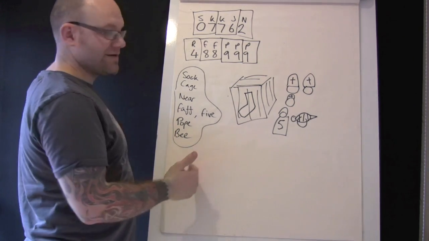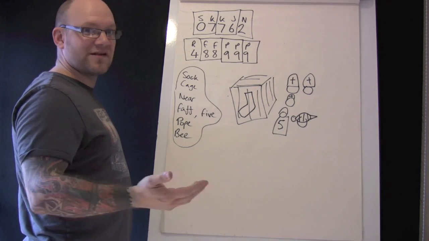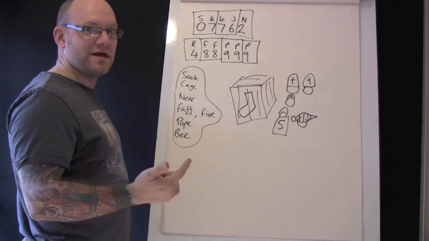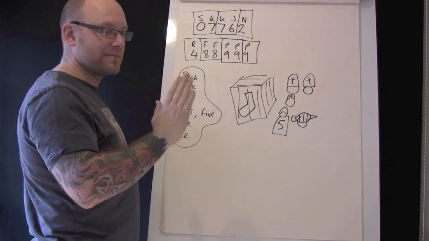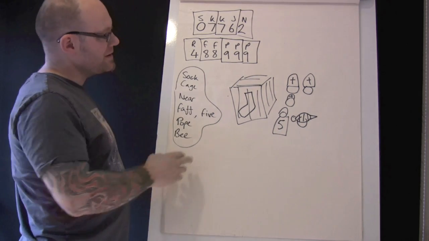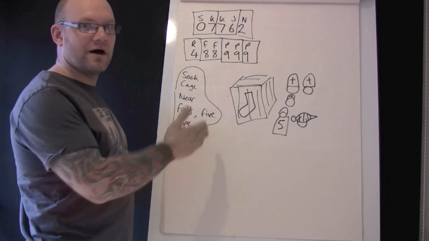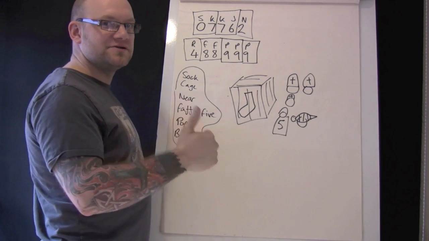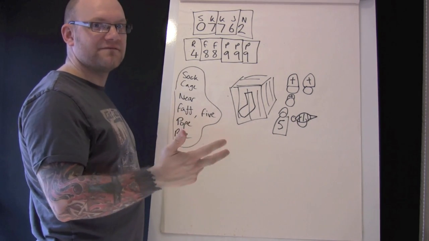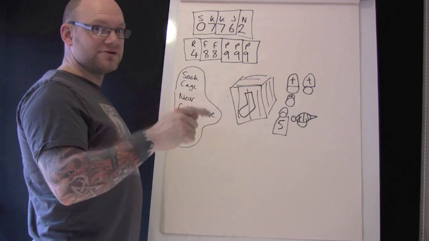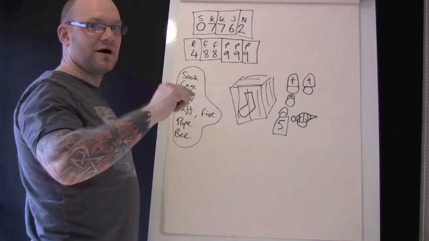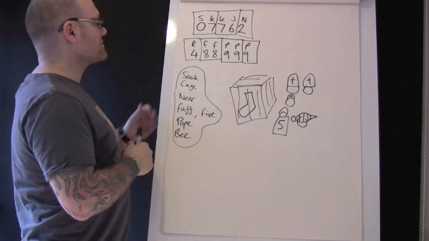So double T, so for example, batter, B-A-T-T-E-R, you'd only count the T as 1 because it's the sound T. And then we have other letters that are the same, so J and CH, F, V, T, D, G, if it's a hard G, will be the same as a K or a hard C. So those are the rules.